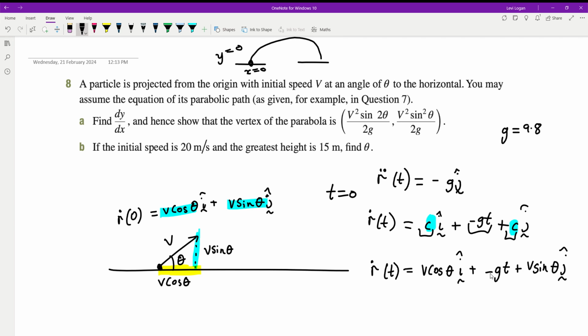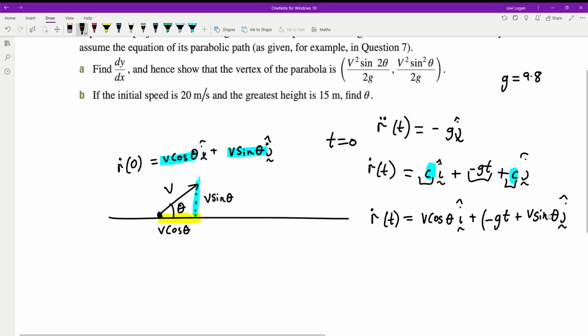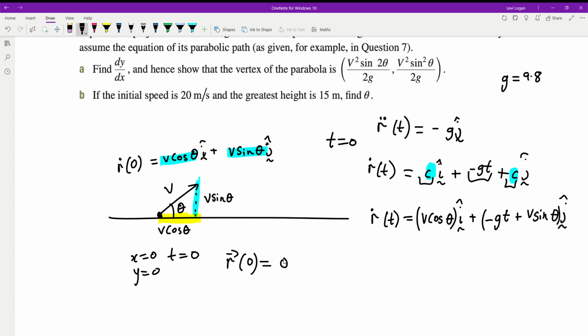Okay, so now you've got an equation for velocity. That's around the j and that's around the i. Now we also know it starts at the origin, so x equals 0 and y equals 0 when t equals 0. So that means r of 0 is the vector 0, 0. So if you integrate this, r of t is going to be v cos theta, now attach a t, because you're only integrating with respect to time, so don't integrate the cos term because theta is a constant in this respect and it's not a variable.